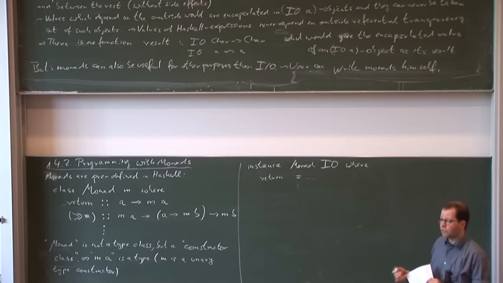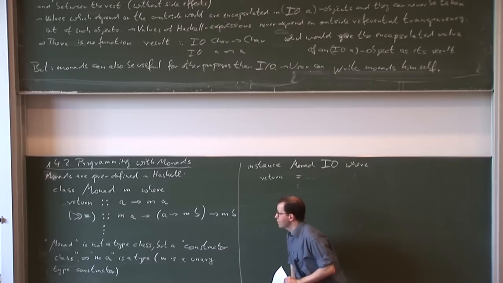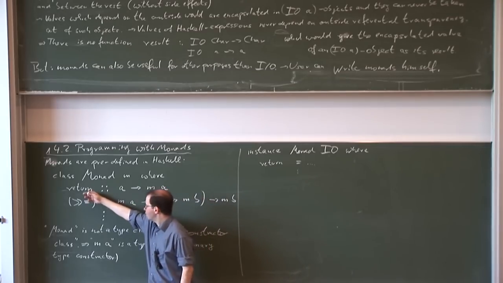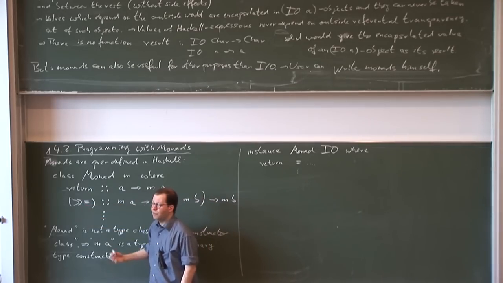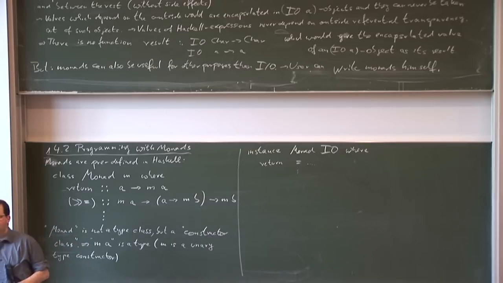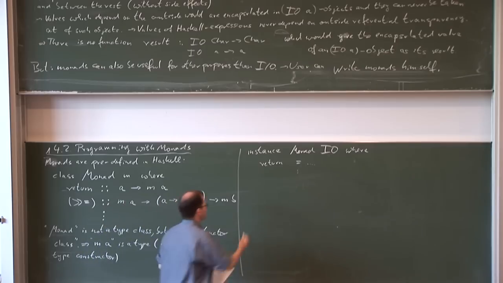Now, as I said, the concept of monads comes from category theory, and in order to really call this a monad, you can, of course, implement return and bind and then in any way you like. But in mathematics, if you implement this completely arbitrarily, then you wouldn't call this a monad. So in order to be really a monad, you should implement them in such a way that they satisfy certain properties.